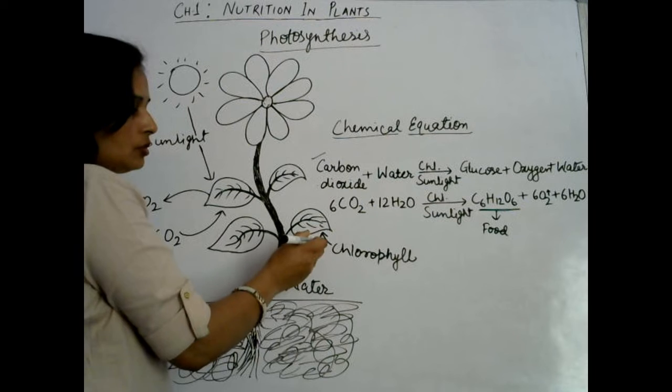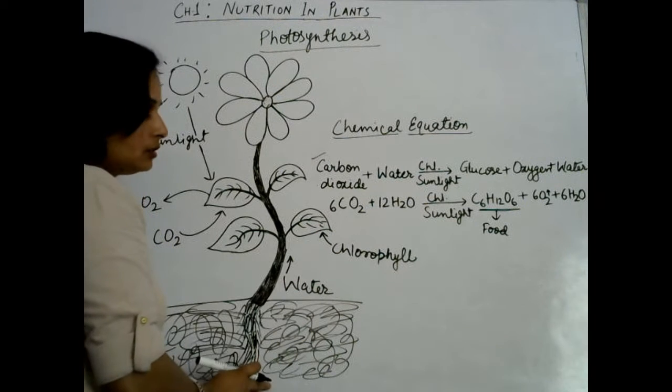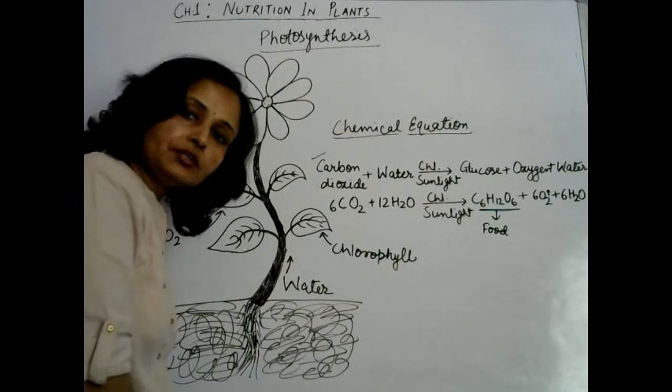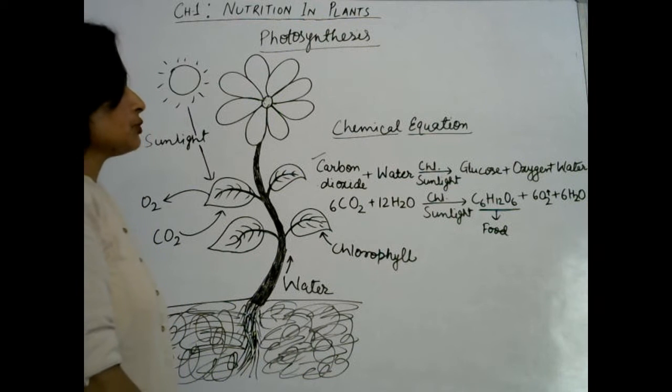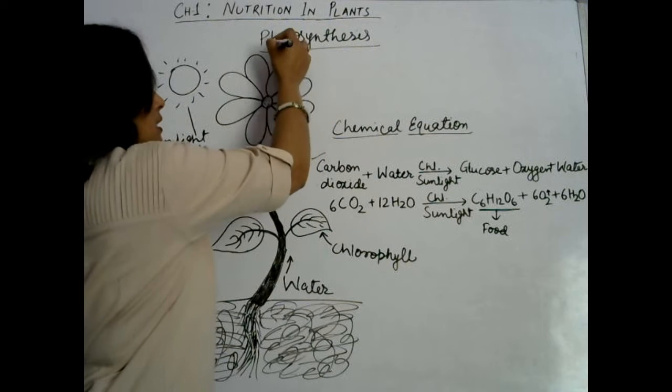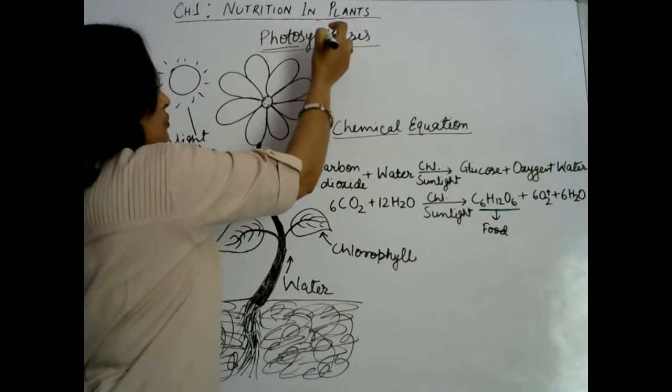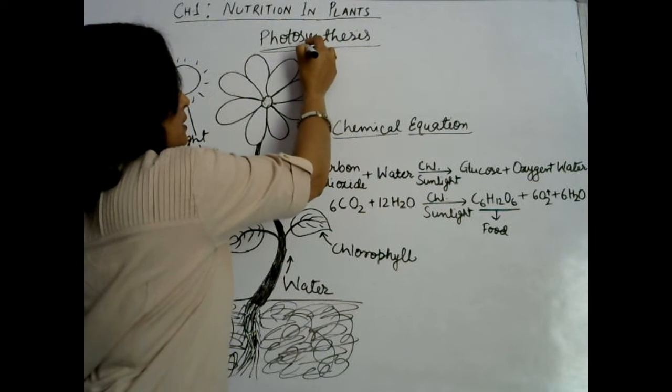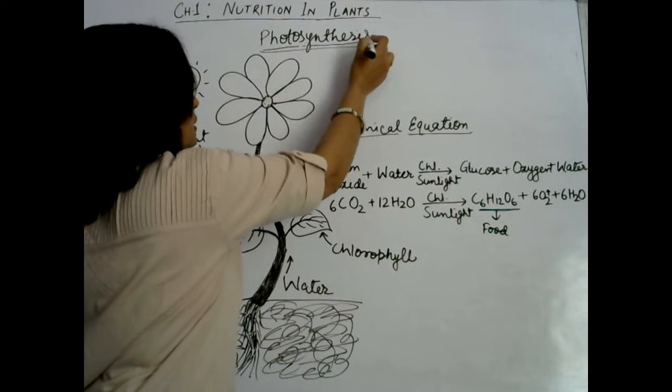And in presence of solar radiation, that is solar energy, and chlorophyll only, the photosynthesis process can take place. Because photosynthesis has two words, photo and synthesis.